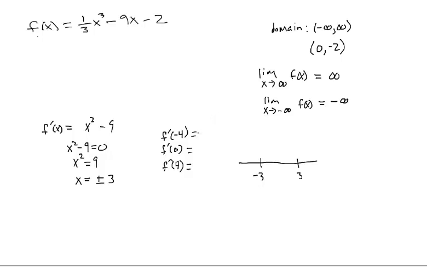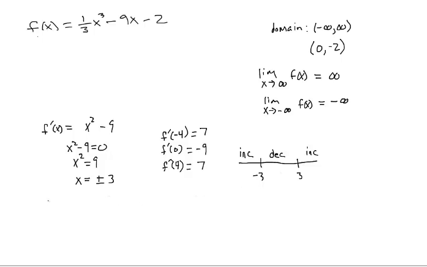So f prime of 4 is 7. F prime of 0 is -9, and f prime of -4 is also 7. So we're positive in this first interval, so that means our function is increasing. We're negative in the middle interval, which means we're decreasing. And then we're positive in the last interval, which means our function is increasing.